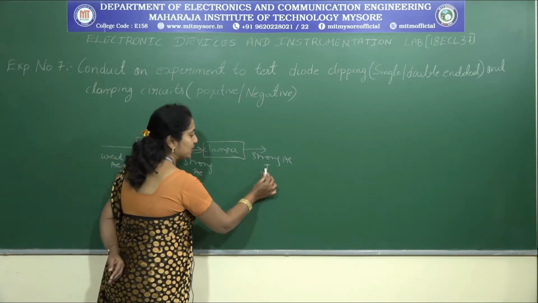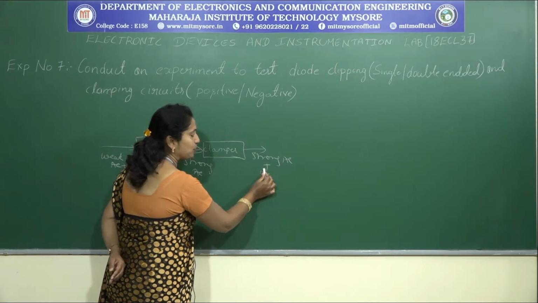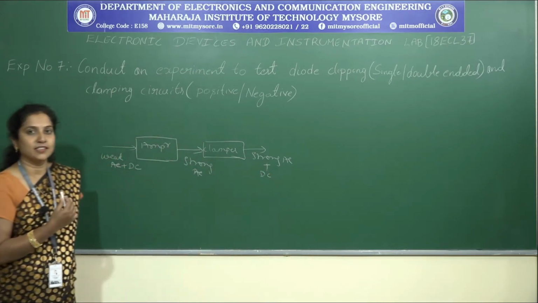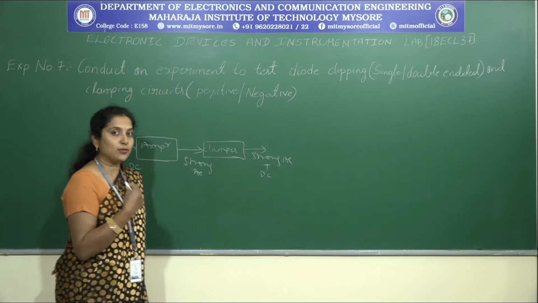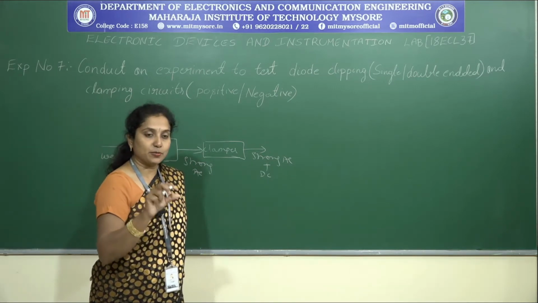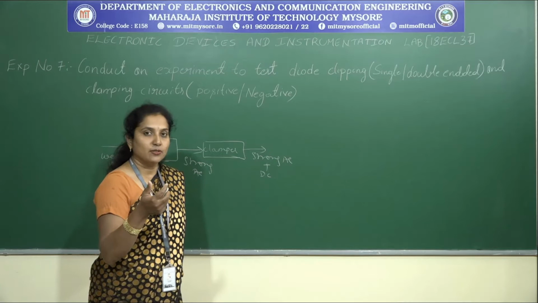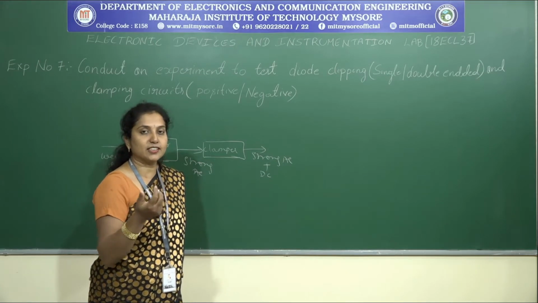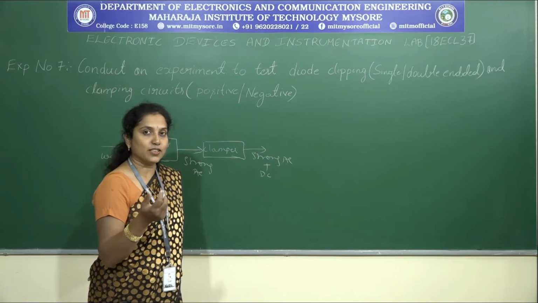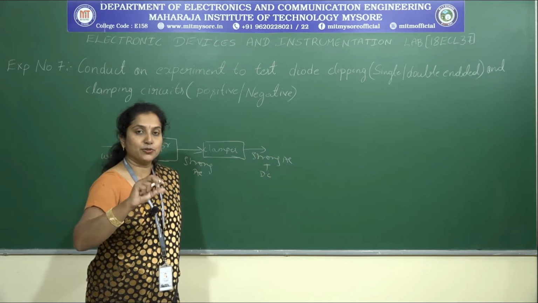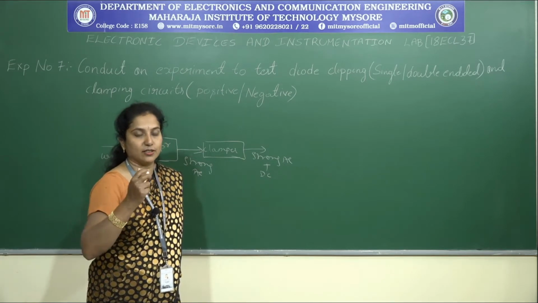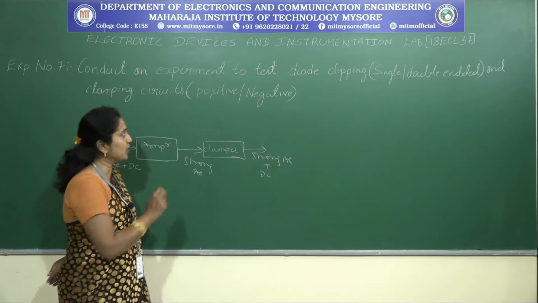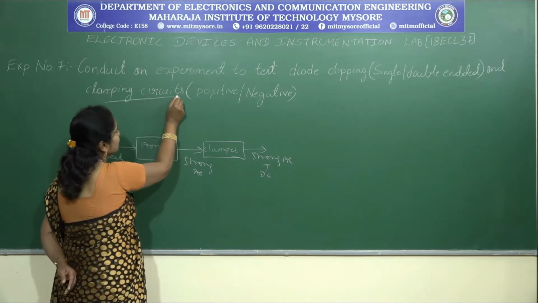Where will you use this clamping circuit? Especially in the TV volume. When you increase the volume, you are going to increase the DC level. That is the best example of a clamping circuit.